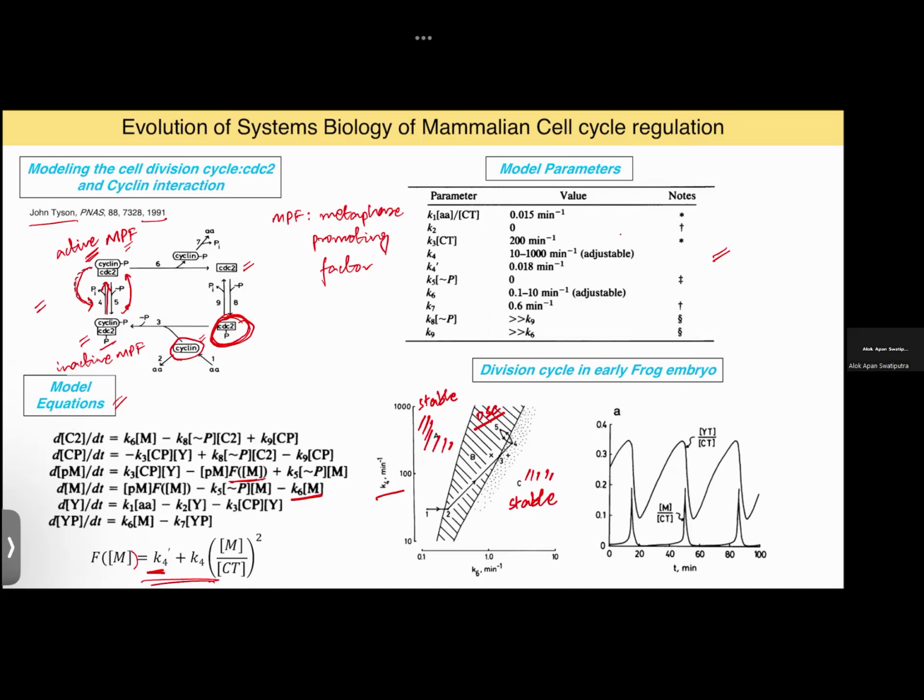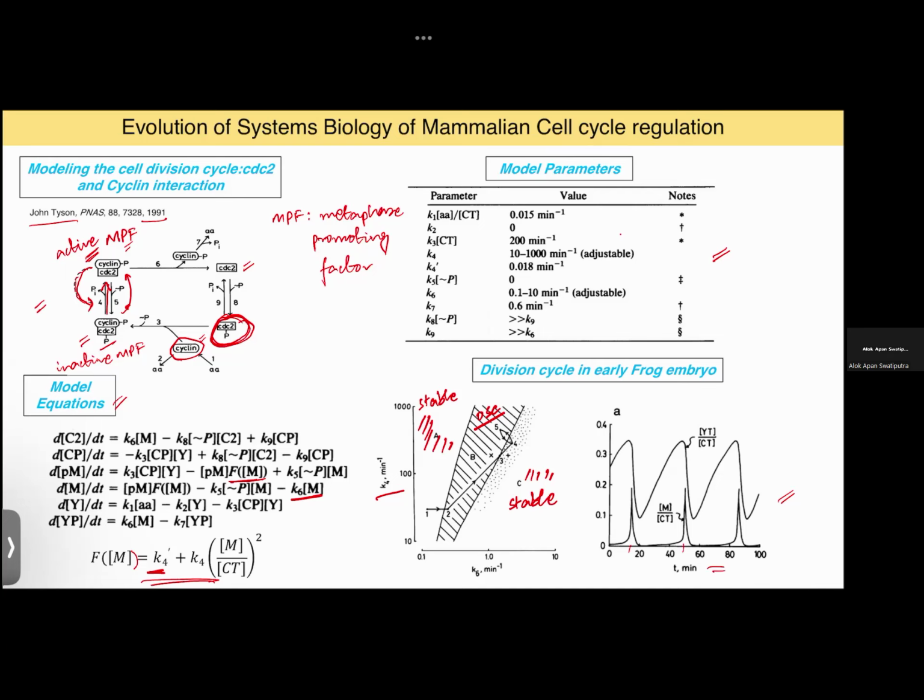Just like yesterday, how we had seen that depending on the parameter regime, you will either have a stable solution or oscillatory solution. And so from their model, because they had adjusted the parameters suitably, what they saw is the time period of this oscillation is roughly, let's say, from 16 to 50, so close to 30 to 40 minutes.